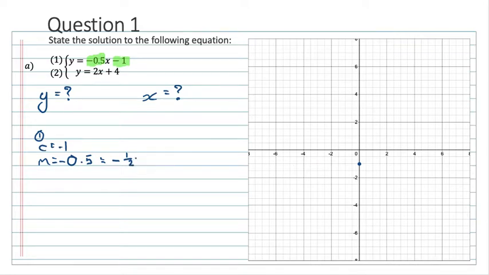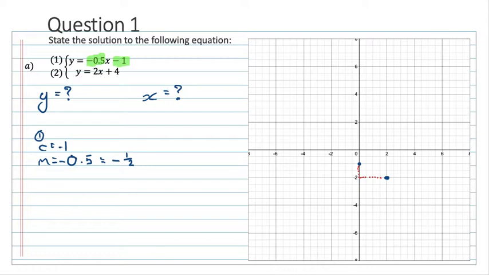So we've got a rise of negative 1 and a run of 2. Going from this point, we go down a value of 1, then across a value of 2. So our second point is going to be here.